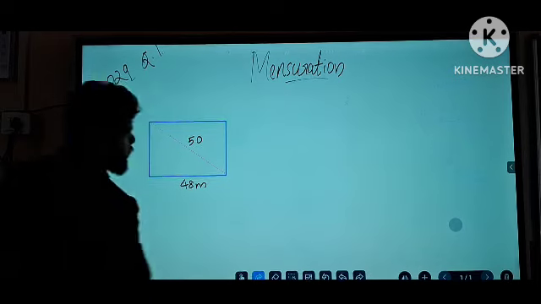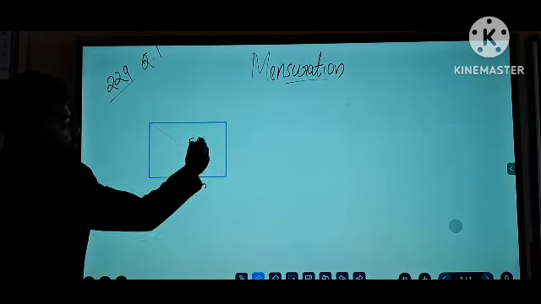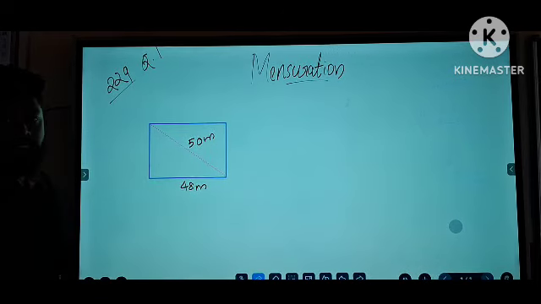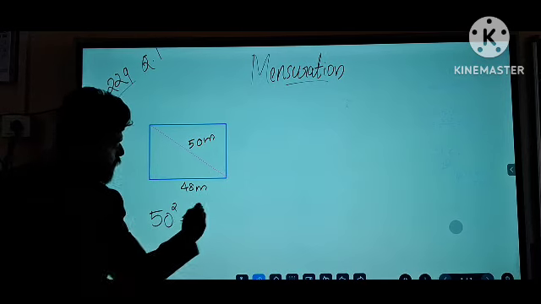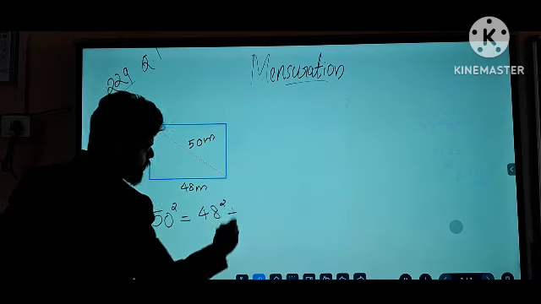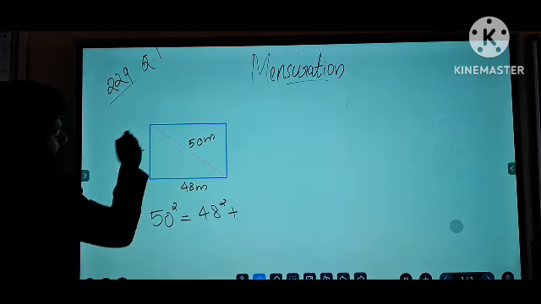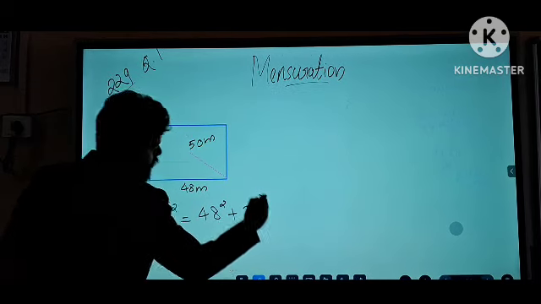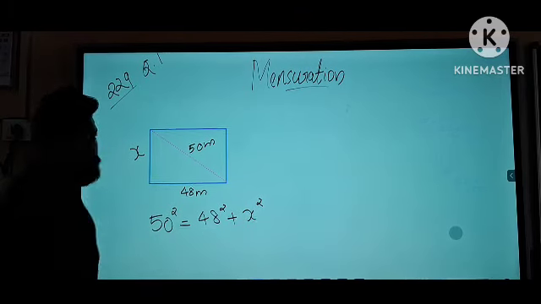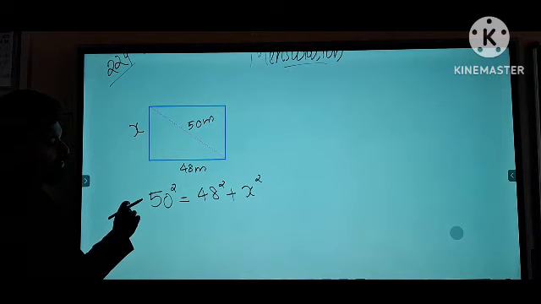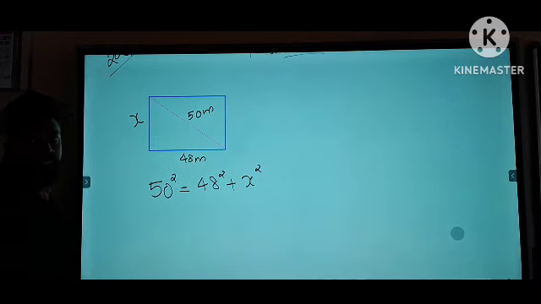That's why, when we connect with the Pythagoras theorem, we have that 50 square is equal to 48 square plus, suppose this side is x centimeter, then it will be x square. Hypotenuse square is equal to base square plus height square. From this we can calculate the x value.